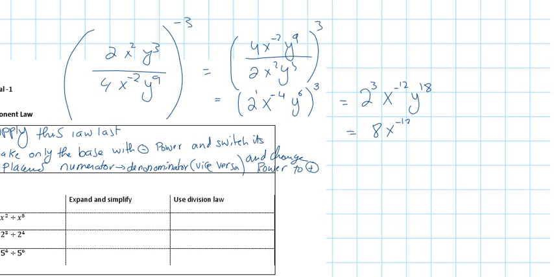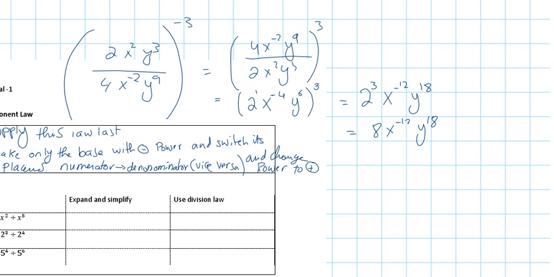Is that my most simple form? Can I do any more simplification? I can't, right? Now, question to you guys. My final answer has a what in it? A negative exponent. Can I have a negative exponent in my final answer?